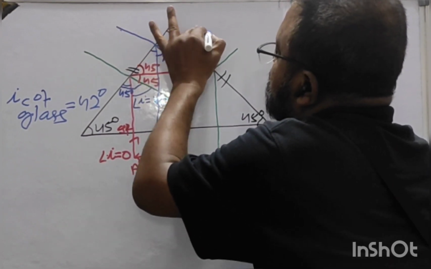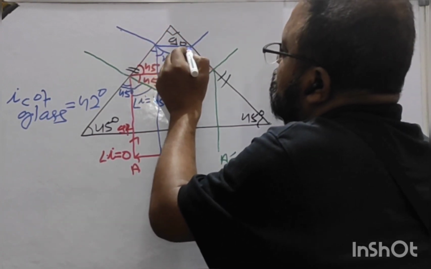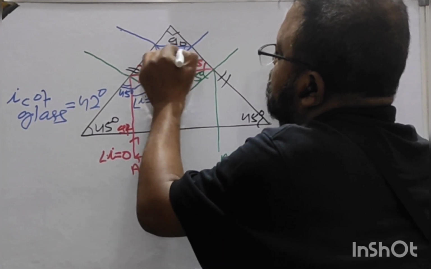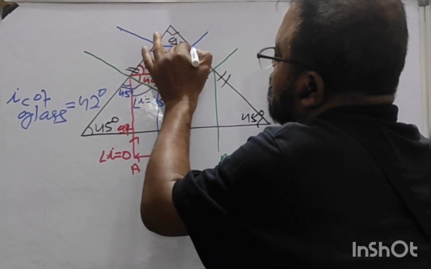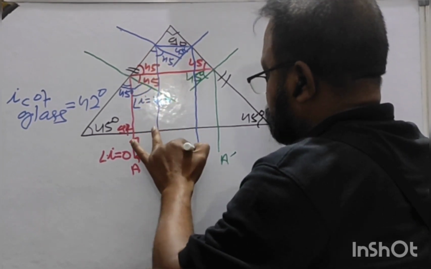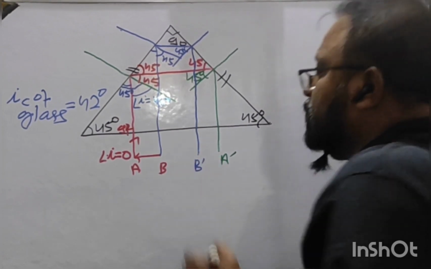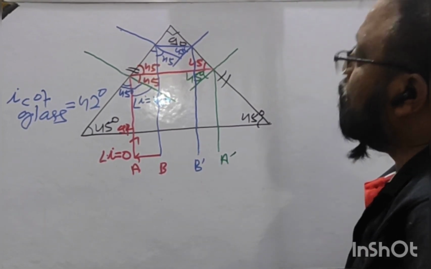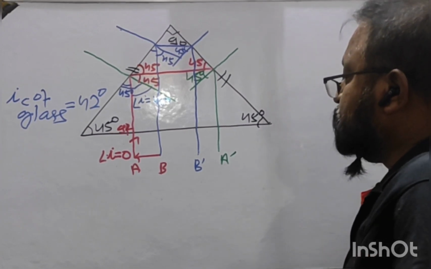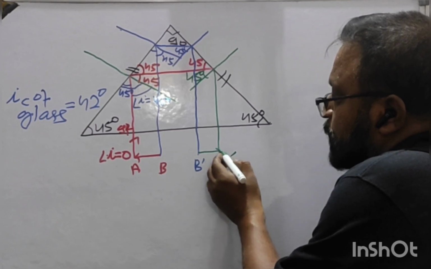Then again it is like this. So again total internal reflection takes place, and the light ray comes like this. So this is B dash. This is how A and B get inverted, right?